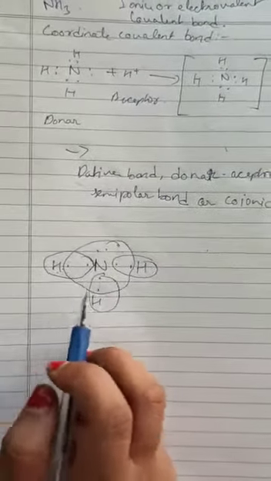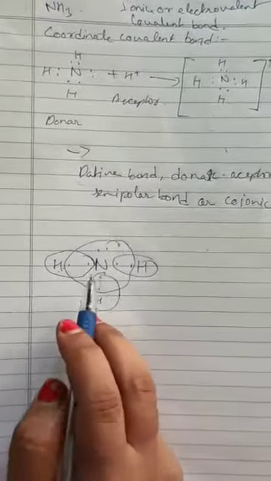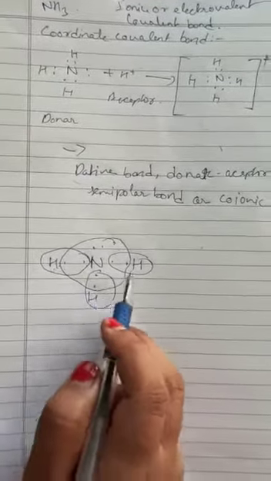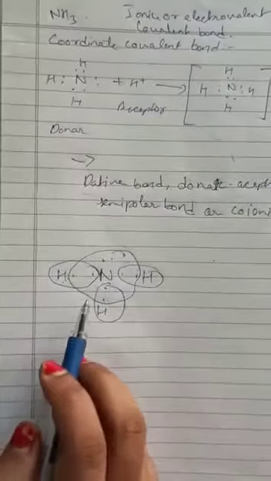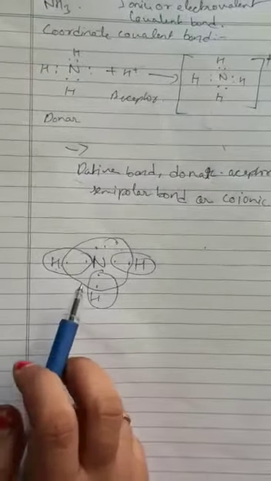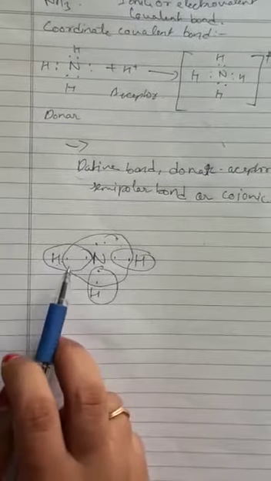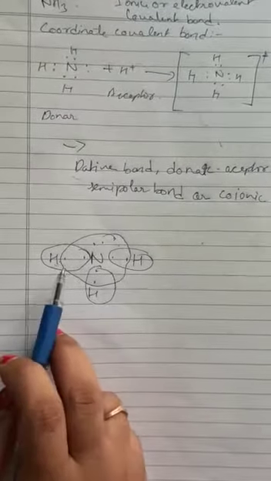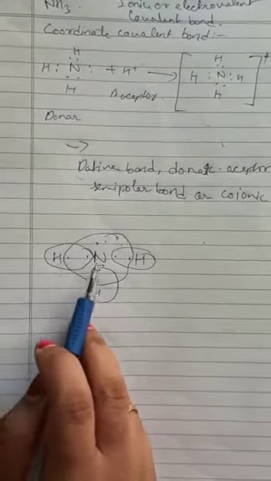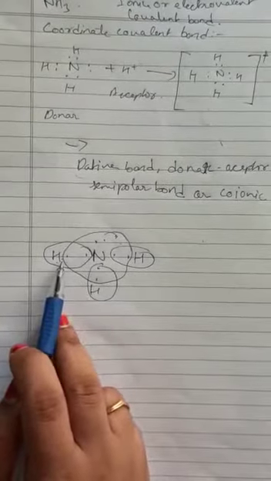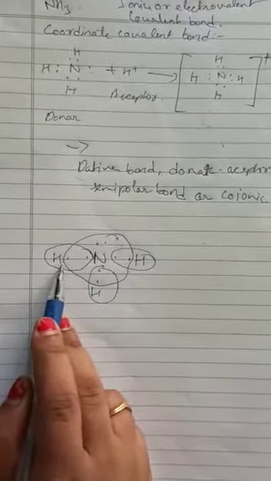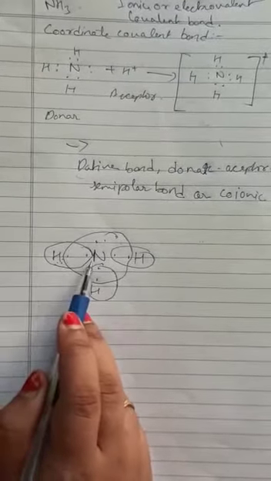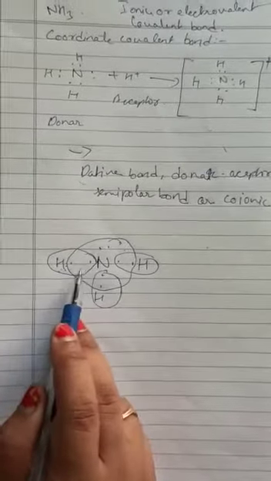This is how nitrogen also completes its octet: 1, 2, 3, 4, 5, 6, 7 and 8. In this case you can see that the electrons being shared in the covalent bond come from both the atoms, meaning one electron is contributed by a hydrogen atom, and the other electron is contributed by the nitrogen atom.